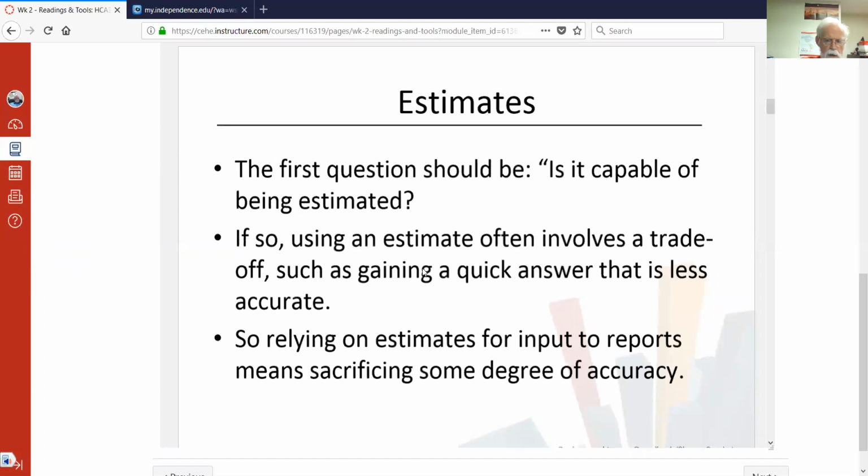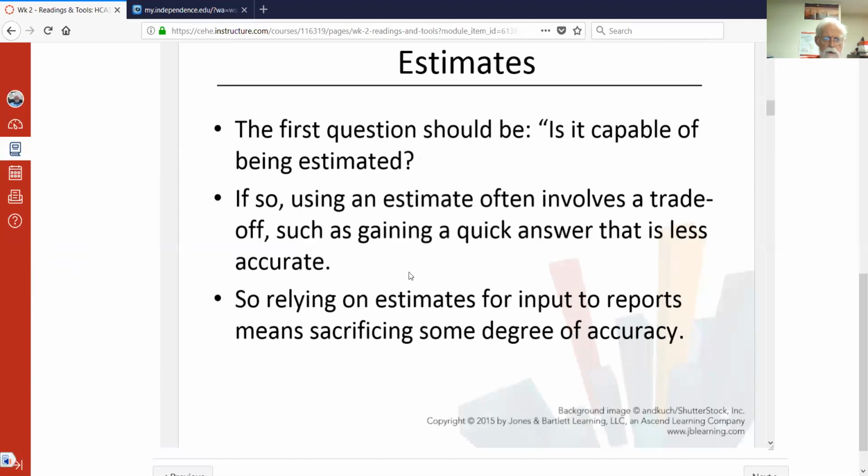There are all sorts of things. What things can be estimated? We can estimate our costs of labor. We can estimate our costs of capital by appropriate data.